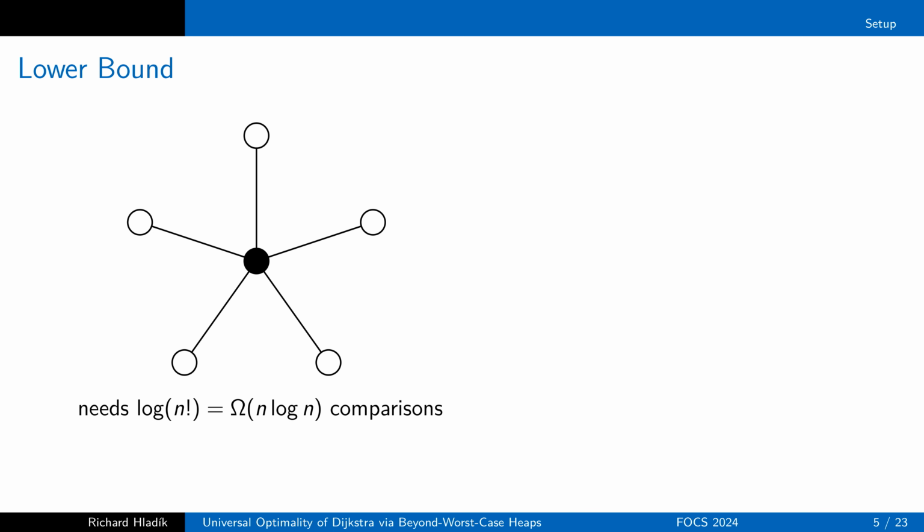And this is good because this means that the algorithm has n factorial possible outputs, and it only learns something about the input by doing those comparisons, but every comparison only gives it one bit of information, and so it actually needs to do at least log of n factorial comparisons to be correct. And log of n factorial is on the order of n log n, so this means we have an omega of n log n lower bound.